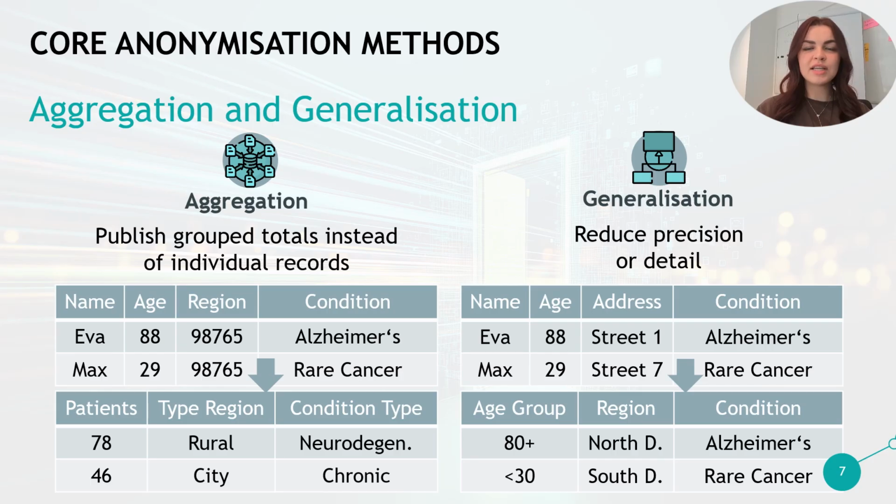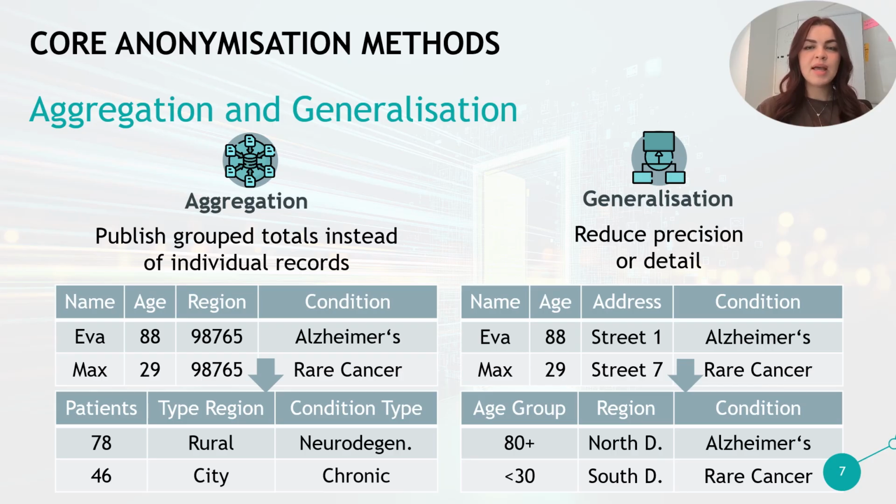Aggregation and generalization are especially useful in open data because they can preserve public value while reducing identifiability. Aggregation means publishing counts or summaries instead of individual records. Generalization means keeping that information, but making it less precise.